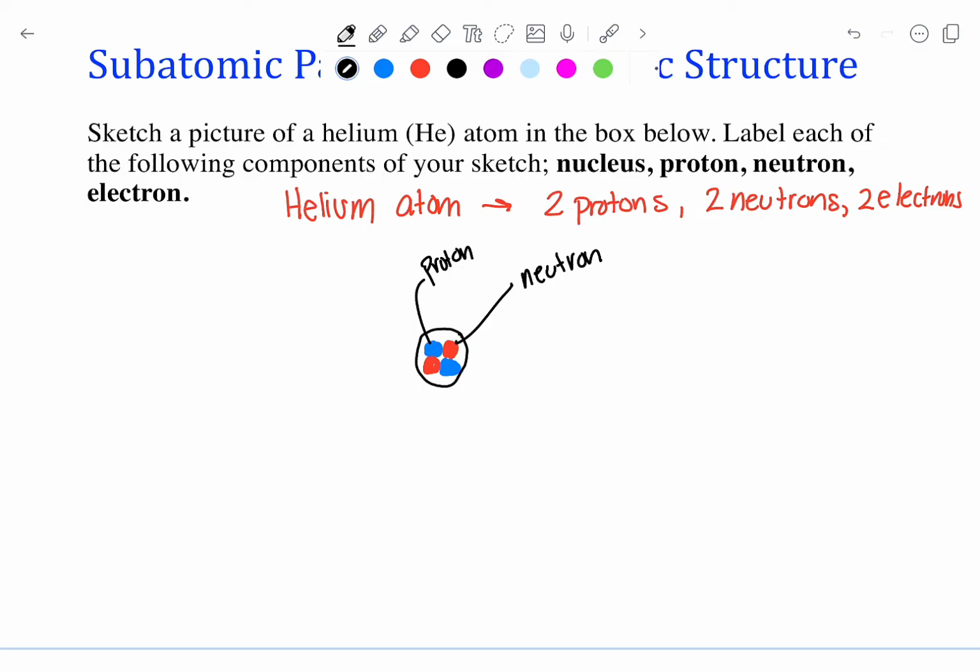Okay, and then surrounding our nucleus, this is not a perfect circle, I'm not an artist, we have 2 negatively charged electrons. So that is what a helium atom would look like.